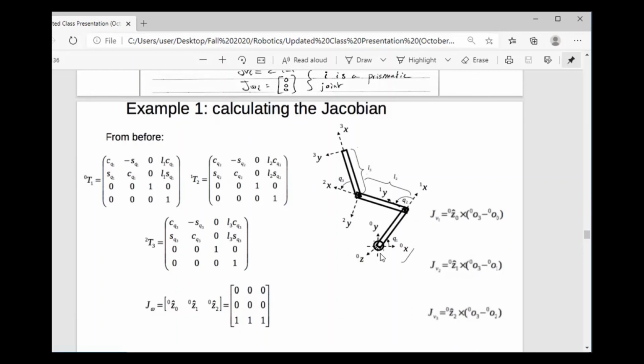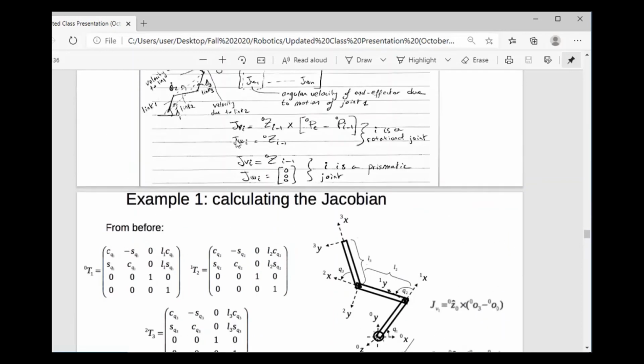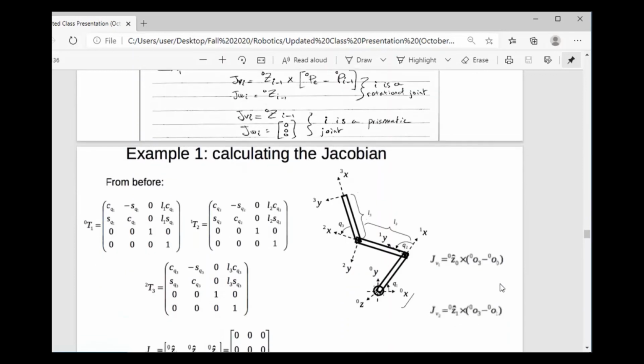It's rotational; all of the joints are rotational, so we're going to use this formula, right? So we'll simply apply it. The first column in the Jacobian is going to be Z0 cross O3, the coordinate of the end effector with respect to the base frame, minus O0, which is minus this point.